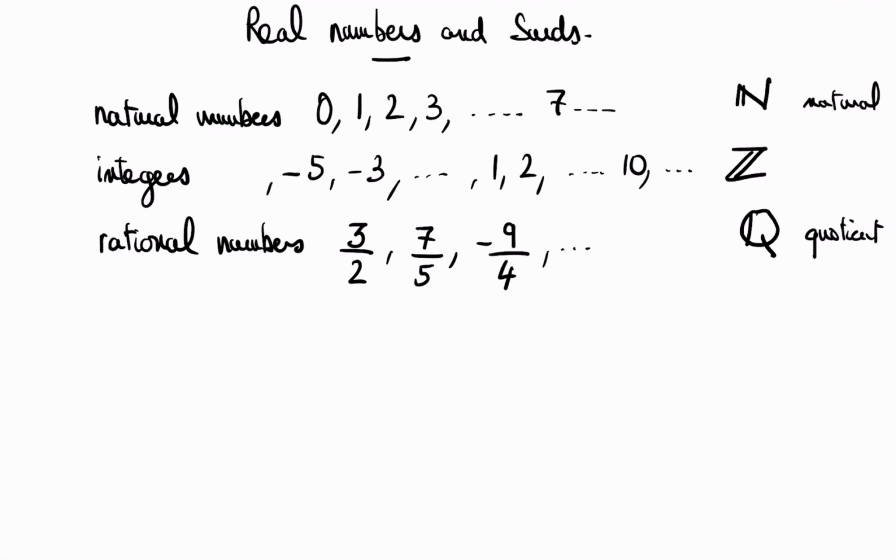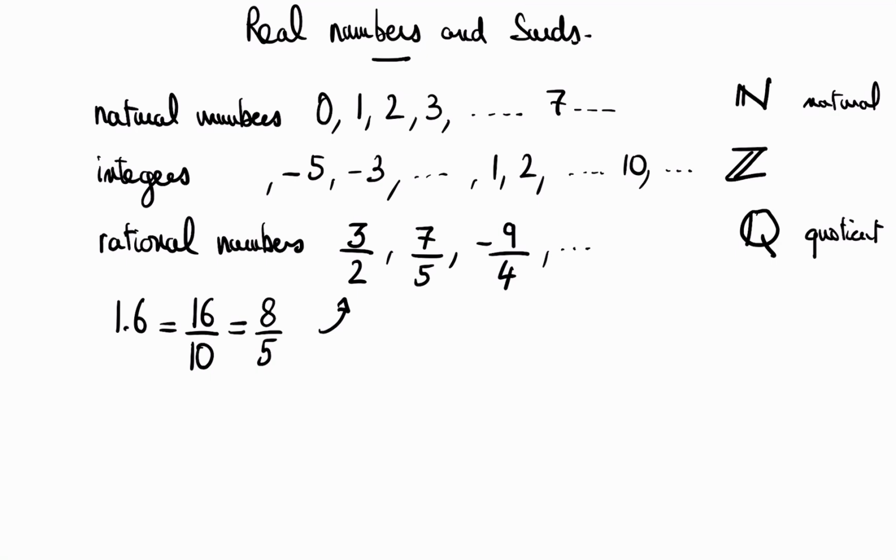Okay. What about numbers that look like this? 1.6. Well, 1.6 is the same as 16 divided by 10, which we can simplify to 8/5. So therefore, all of these decimals are rational numbers.